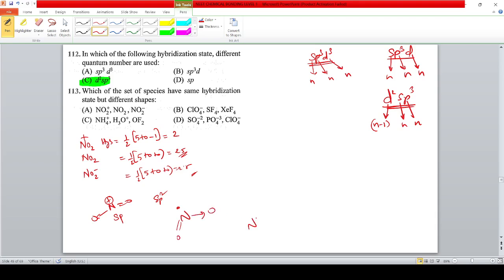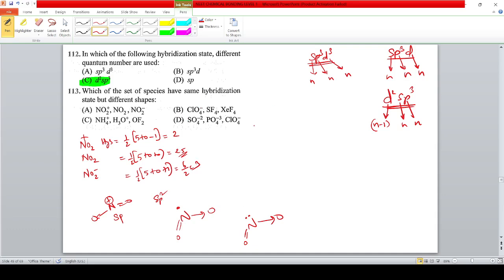In case of NO2 minus, you have to think of it as a lone pair. Then you have to add an electron here, right? In case of NO2 minus, I made a mistake. Listen carefully. In case of NO2 minus, you have to add an electron because there is a negative charge, meaning an extra electron. So 6 by 2 it is 3. So they are having different hybridization.